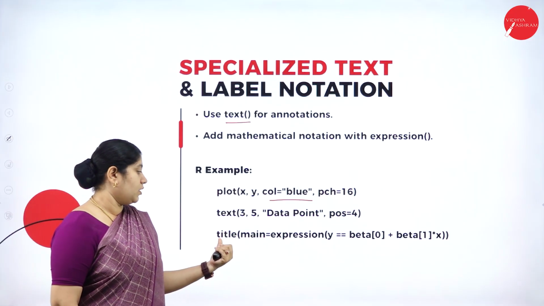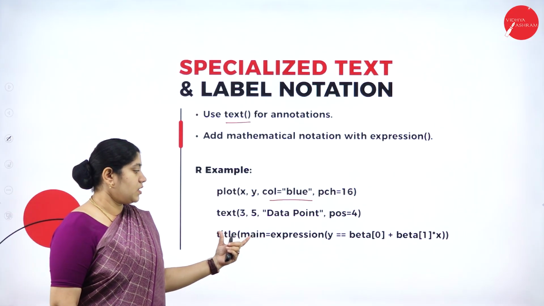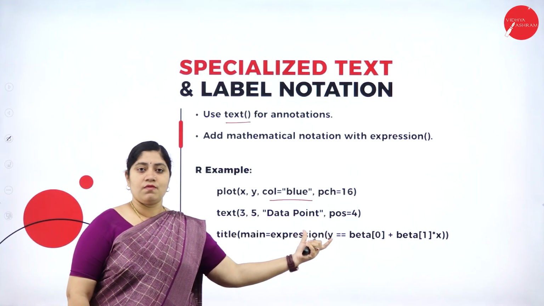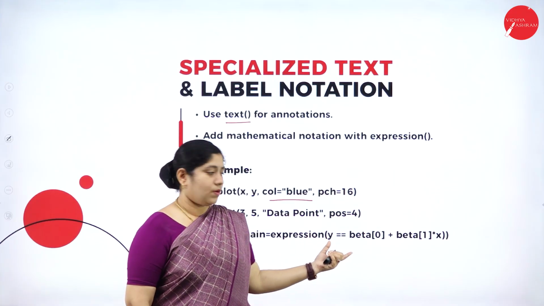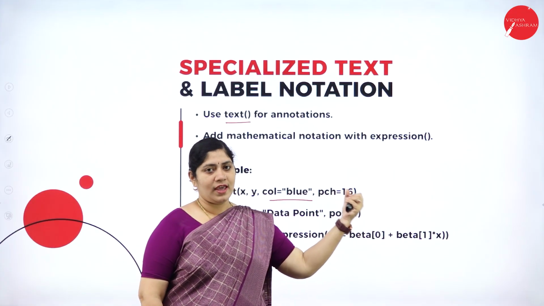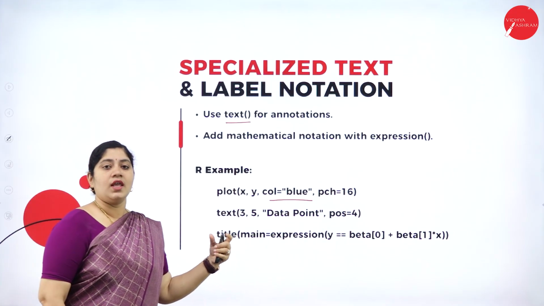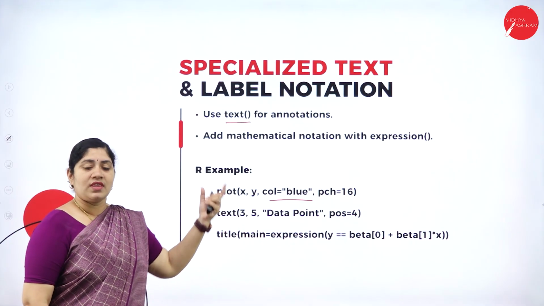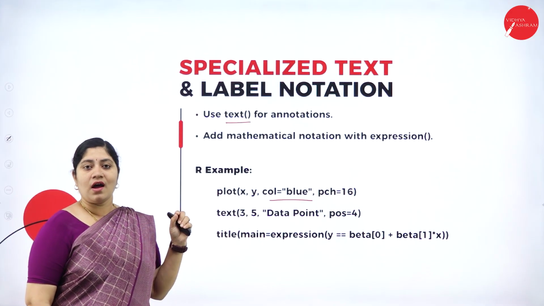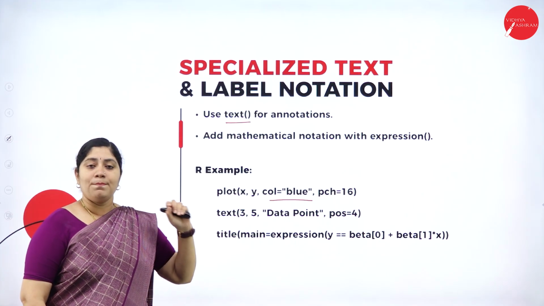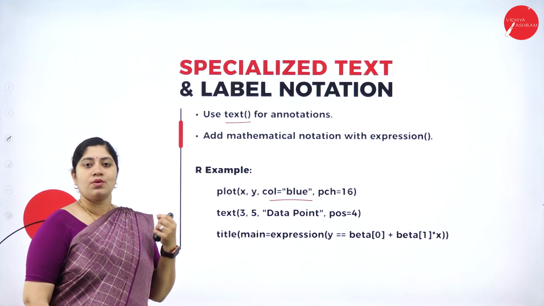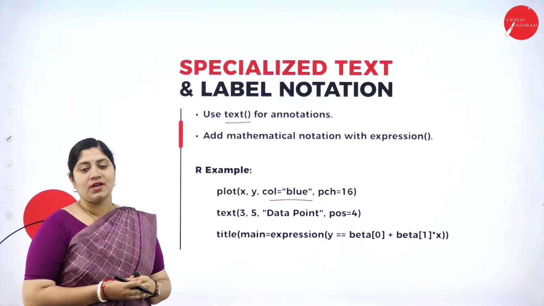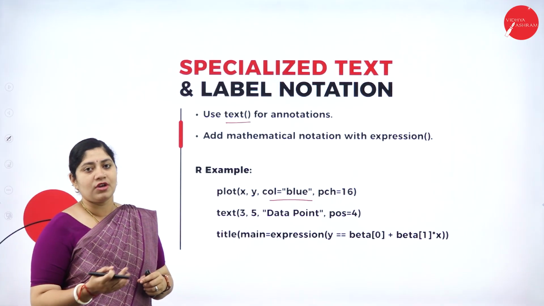Okay, done. Next, title: main of expression y, which should represent beta naught plus beta 1 times x. So in this way, you can represent even the mathematical expression too. That is why we can say R is one of the best tools to represent our data in a graphical form.